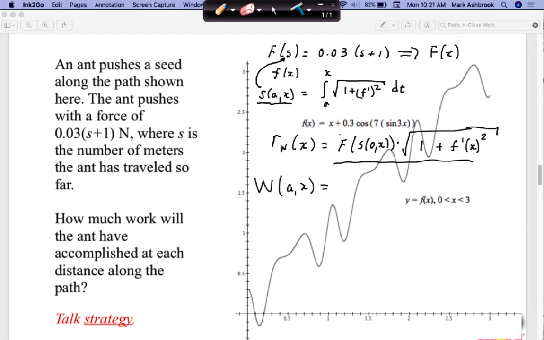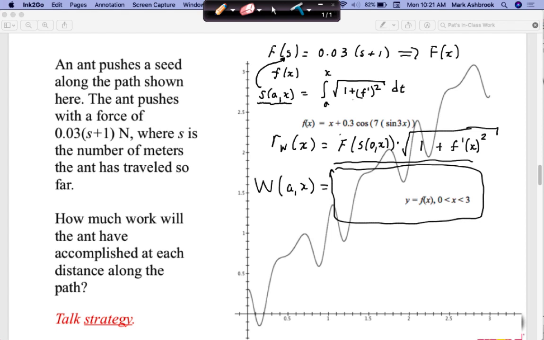Once we have the rate, then we're home free, right? Once we get the rate right, we've got it. So let's go to GC. Let's put this in GC. Any questions? Does that make sense? So when we get to the work function, it's going to be what kind of function? Integral, right? It's accumulation of little bits of work at this rate.